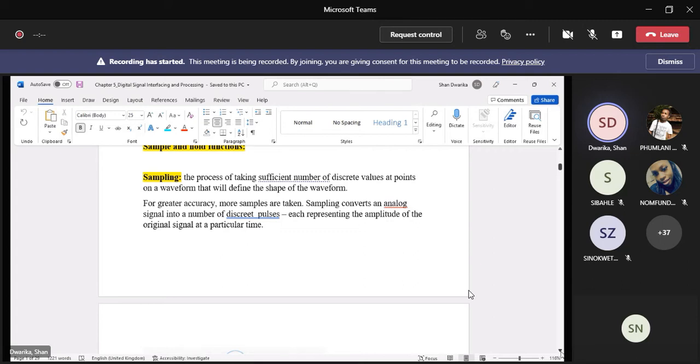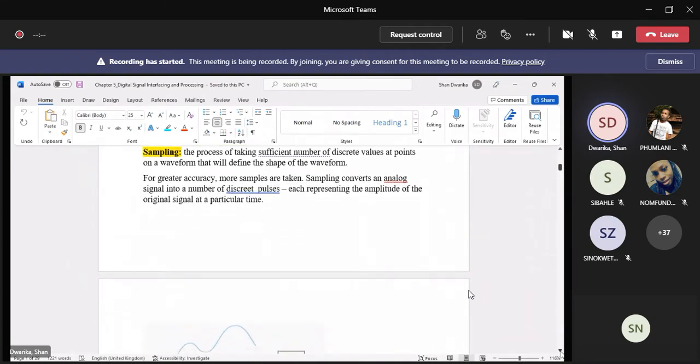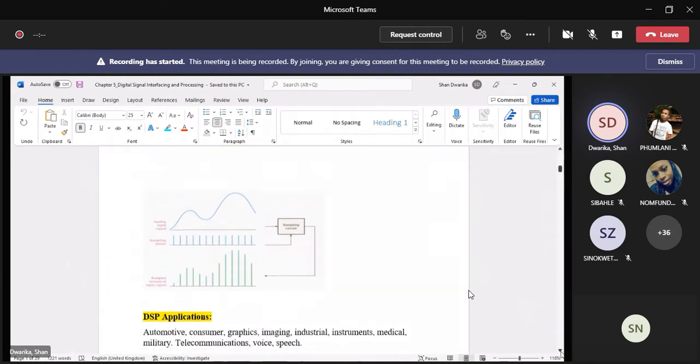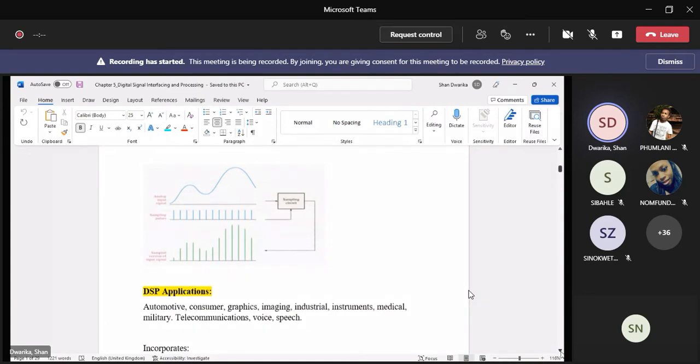So sampling converts an analog signal into a number of discrete pulses, each representing the amplitude of the original signal at a particular point. Okay, there's an example of an analog signal there, right? And you can see the sampling pulses on the bottom.